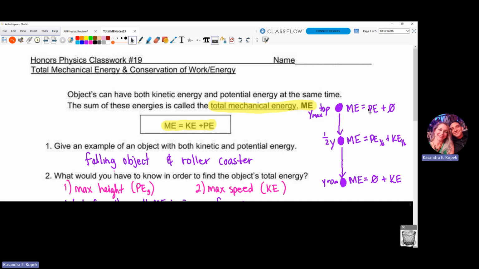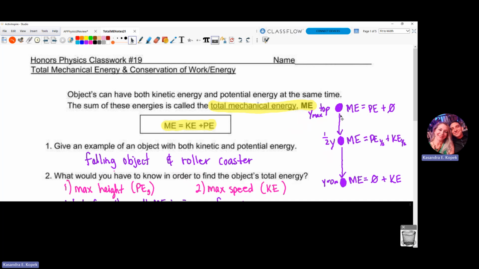At the very top, the total mechanical energy is going to be all in one form, because it's not yet moving, right? A falling or dropped object always starts at rest. So that means it's some height above the ground at Ymax. It has all gravitational potential energy and zero kinetic energy.